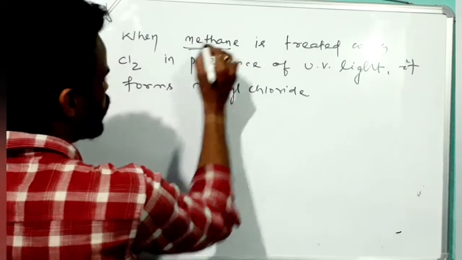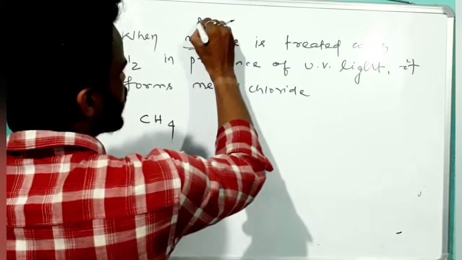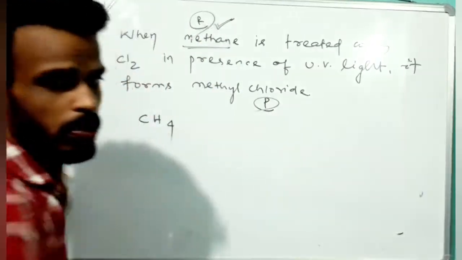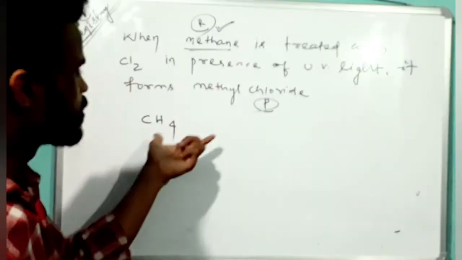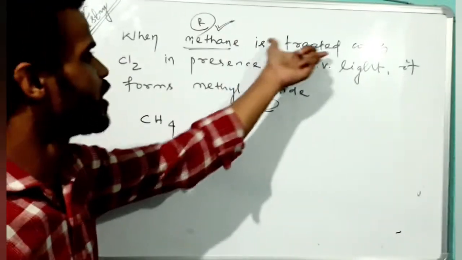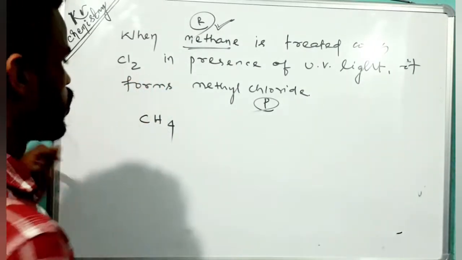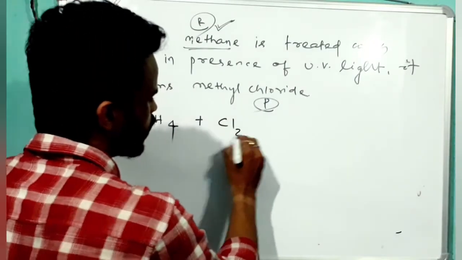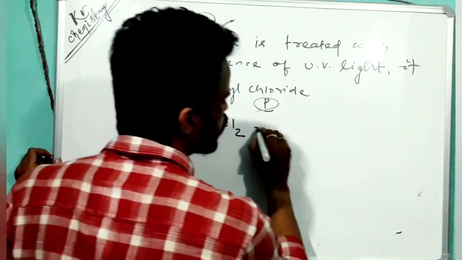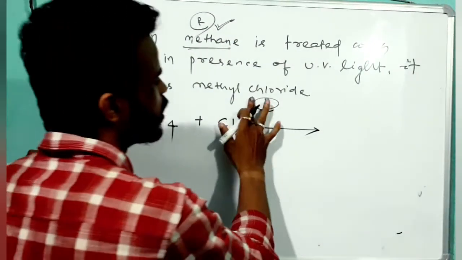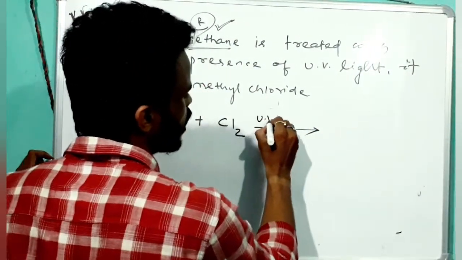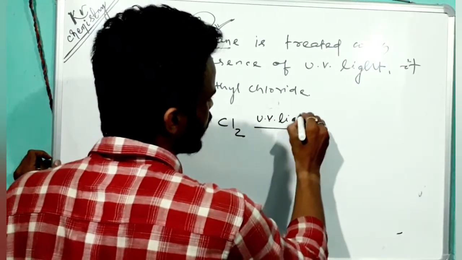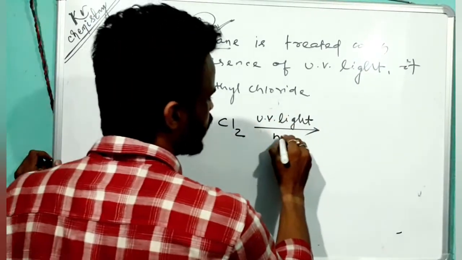How can you write the reaction from the theory? See, the formula of methane is CH4, so methane is the reactant and methyl chloride is the product. When methane on the left hand side reacts with chlorine, CH4 plus Cl2, write the reagent above the arrow, UV light, or you can write h nu.